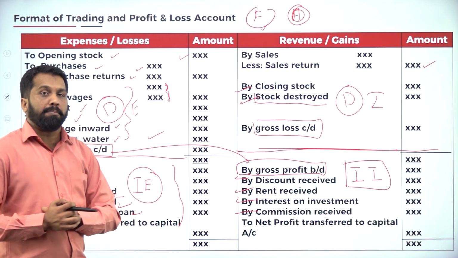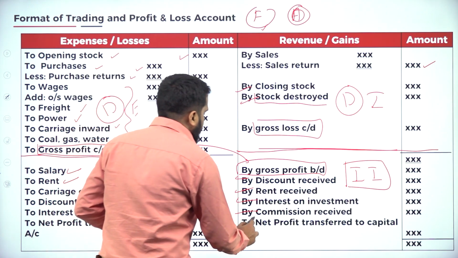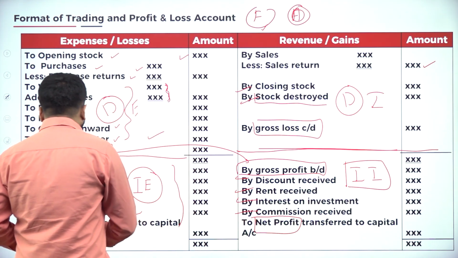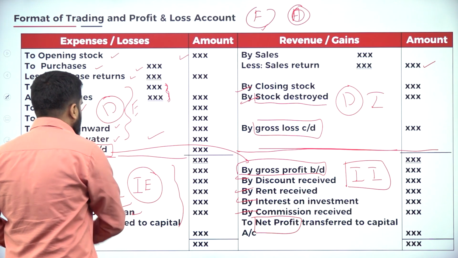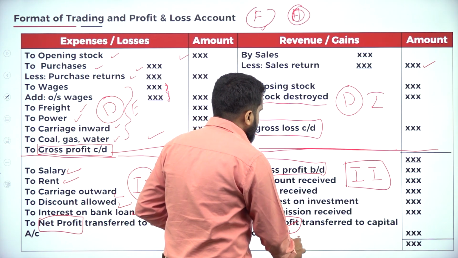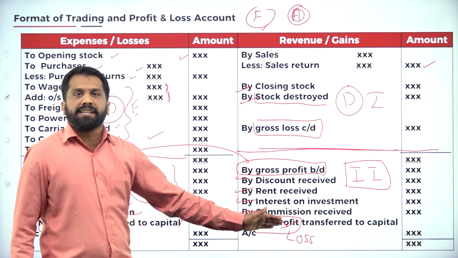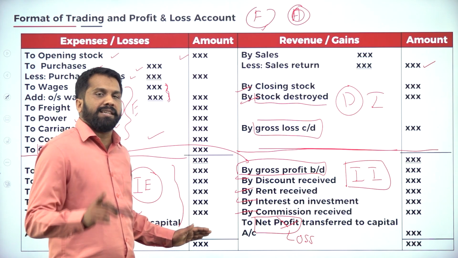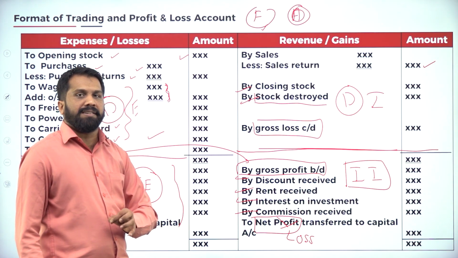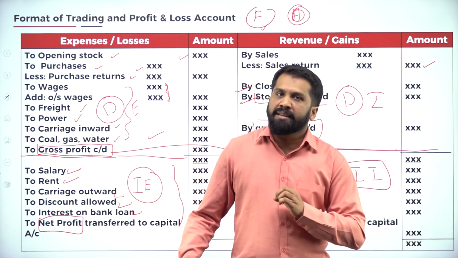This is all about your profit and loss. Whatever balance you get, we call it net profit, transferred to the capital account. This is not profit actually. This we call net loss. If this side comes, it is a loss. If this side comes, it is a profit. Clear? Yes. This is all about your trading as well as P&L account.